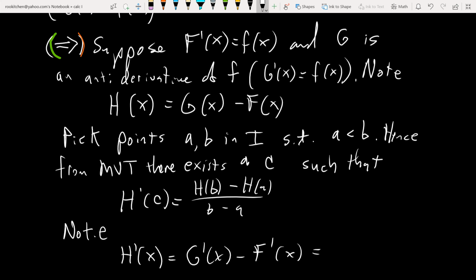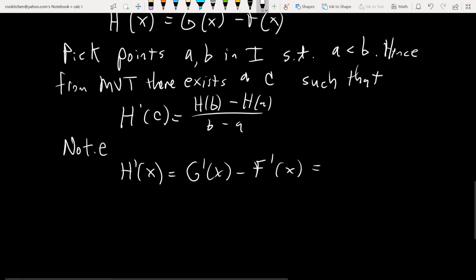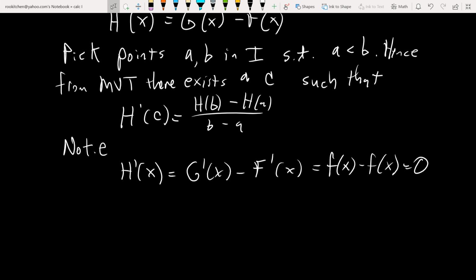And because those things are antiderivatives, it's just going to be f of x minus f of x, which is equal to 0. So that h prime of c thing, if you're willing to believe you're allowed to apply the mean value theorem, h prime of c is actually equal to 0.